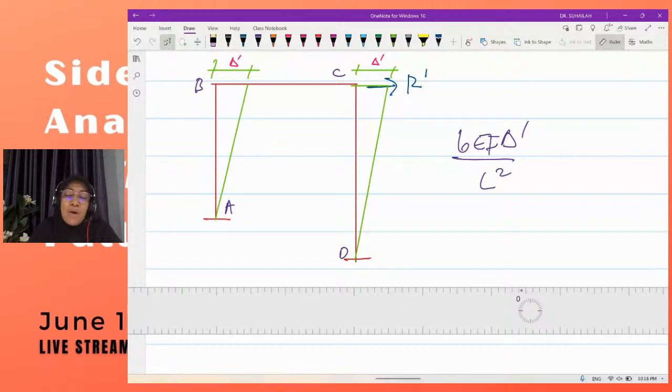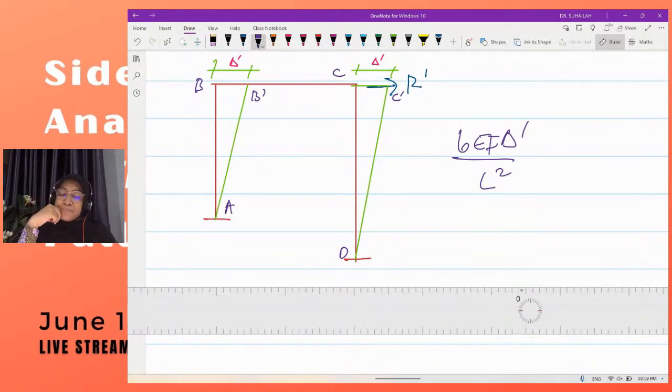For member BC, delta prime is 0 because it moved horizontally, from B to B prime and C to C prime. It moves horizontally, there is no vertical deflection.